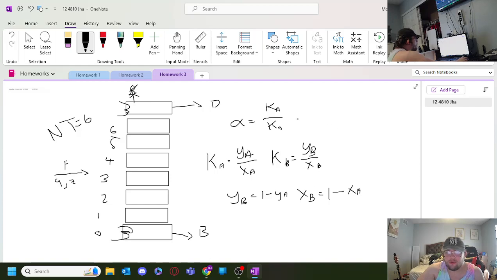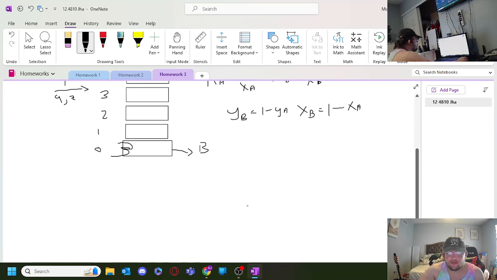So now if we go back up here to our original alpha, which is equal to Ka over Kb, we can then substitute those.